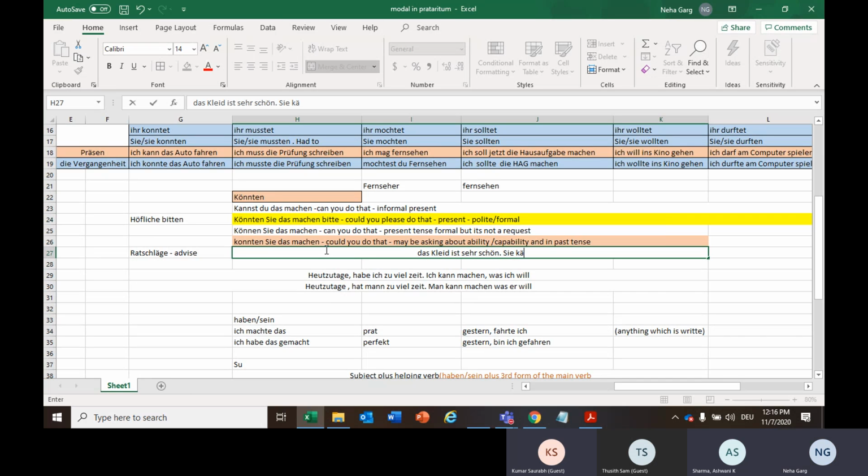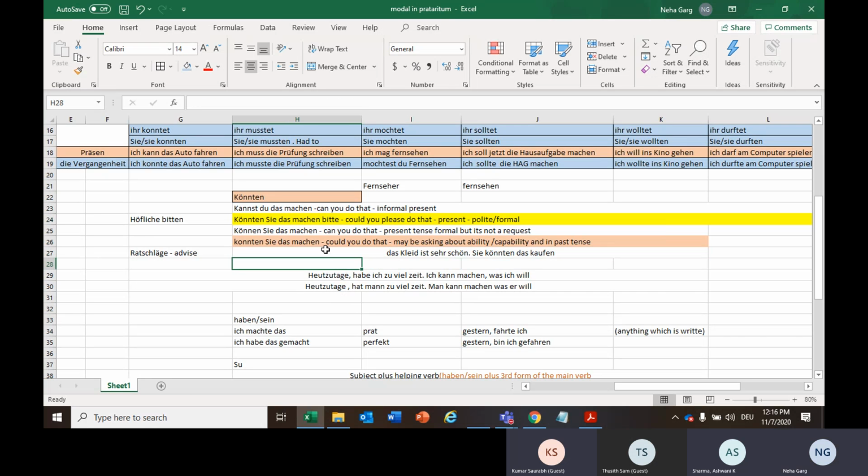Sie könnten das kaufen. Let's say you are advising somebody to do something. In that also you say could: this dress is very pretty, you can or you could buy that. So that is again polite but Ratschläge.